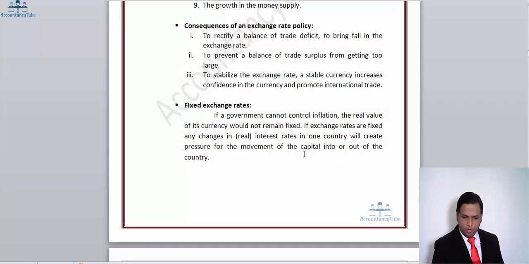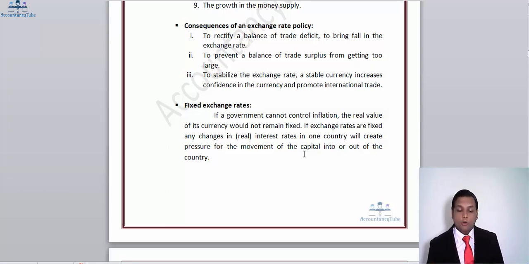Then we have the consequences of exchange rate policy. Exchange rate policy can rectify a balance of trade deficit by bringing about a fall in the exchange rate. It can also prevent a balance of trade surplus from getting too large. Again, as in the example I just gave, too large a balance of trade surplus is also bad for the economy.